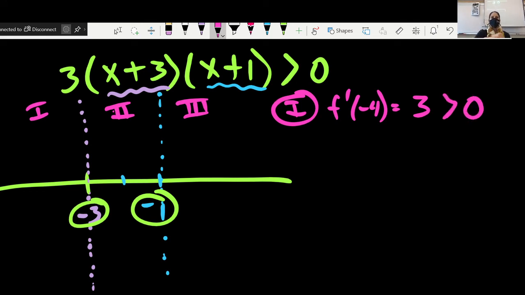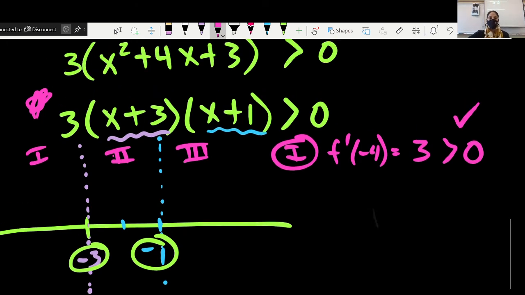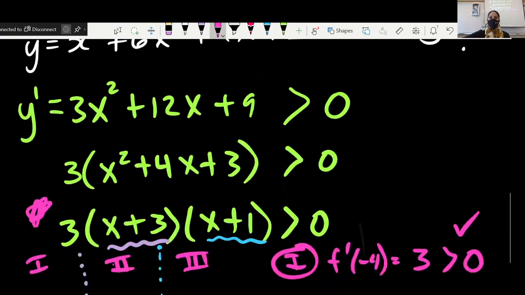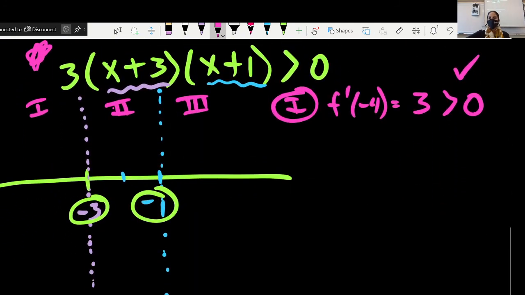So basically -4 plugged into here, right? Everybody, we're good with me just giving you that? We find that it's 3, so it is greater than 0, and we were looking for areas where it's increasing, so I can confirm that it's increasing there. Does that make sense? So that's why I've put the check mark. So yes, this is increasing.